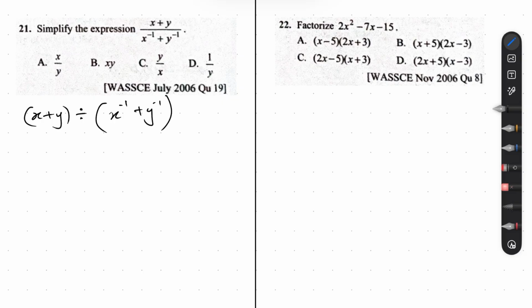Now the way to solve this is to have the prior knowledge that x to the power negative 1 can be written as 1 over x. Similarly, y to the power negative 1 can be written as 1 over y. So it's the same thing.